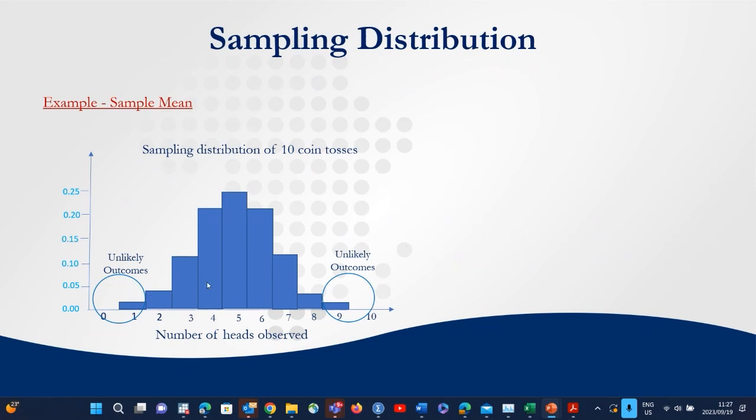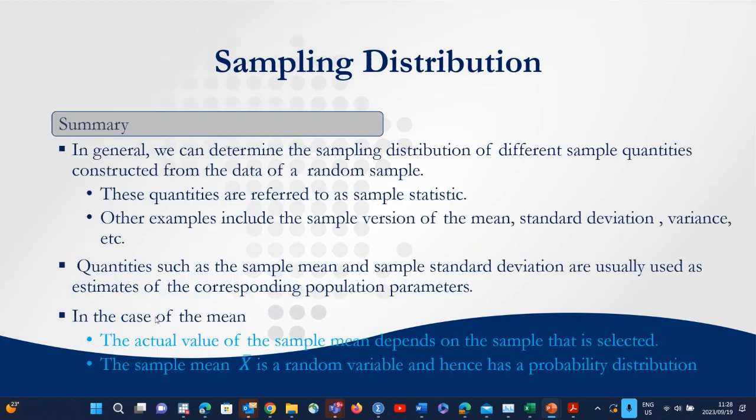But if the data is not supportive of the null hypothesis, then you'll find the tails here will be a little bit thicker. So in general, we can determine the sampling distribution of different sample quantities constructed from the data of random samples. Then we call them sample statistics.